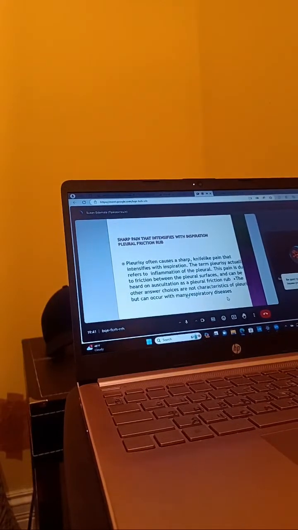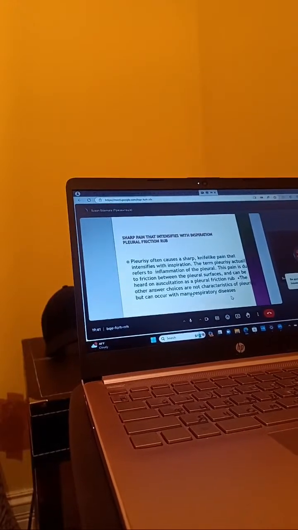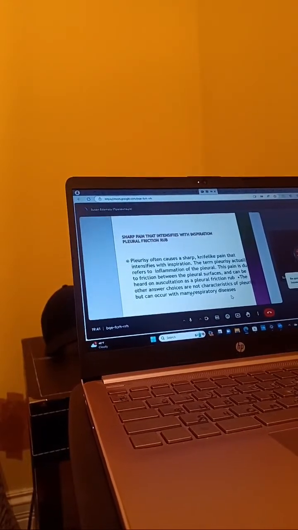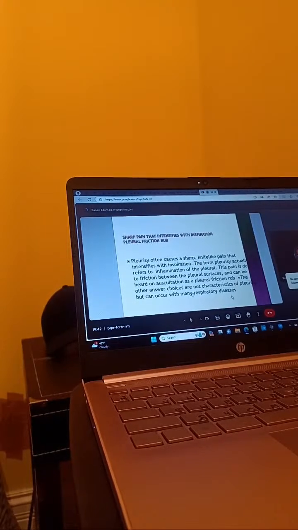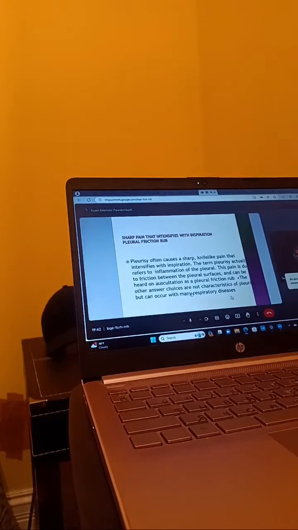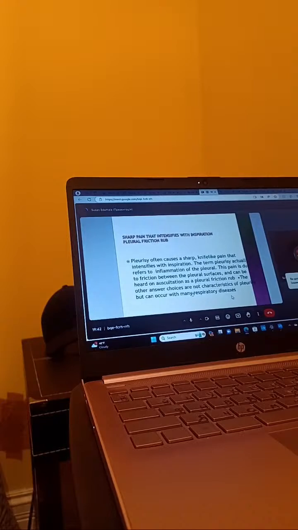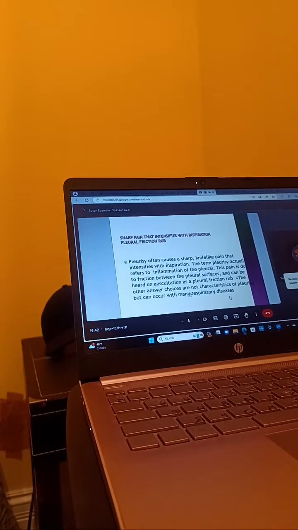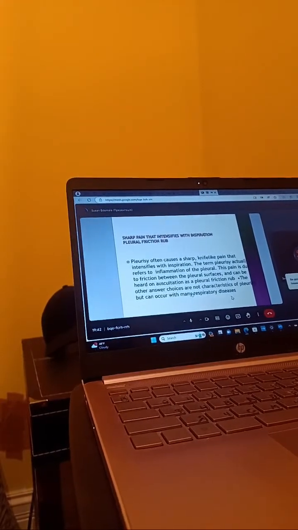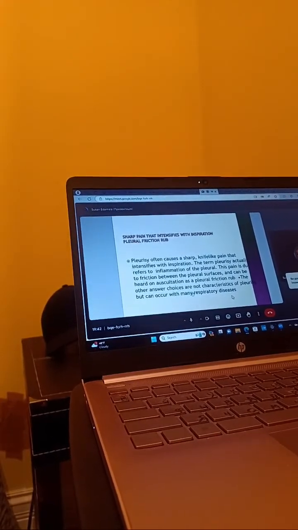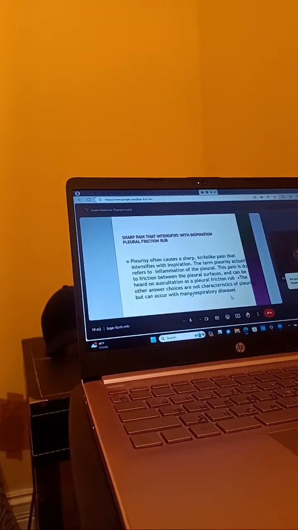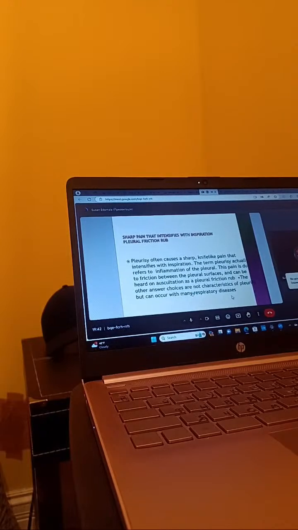Explanation: pleurisy often causes a sharp, knife-like pain. Knife-like pain means as if someone is cutting, very sharp and intense pain, and it gets worse when they are breathing in. The term pleurisy actually refers to inflammation of the pleura.